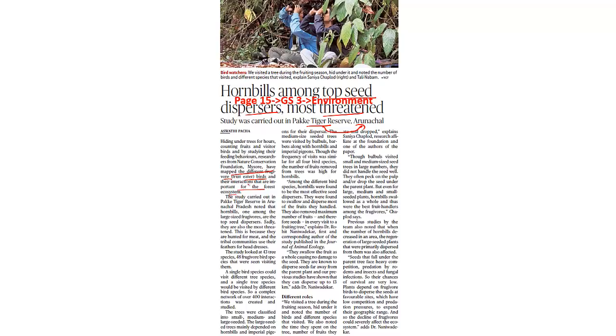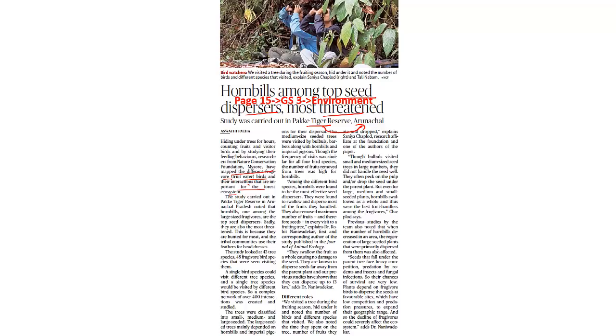Now let's look into the details of this article. A single bird species will visit multiple plants within that forest ecosystem. Then a single plant will have multiple birds coming to this particular plant and feeding on it. So on this basis, the trees were classified into three segments. What are these?